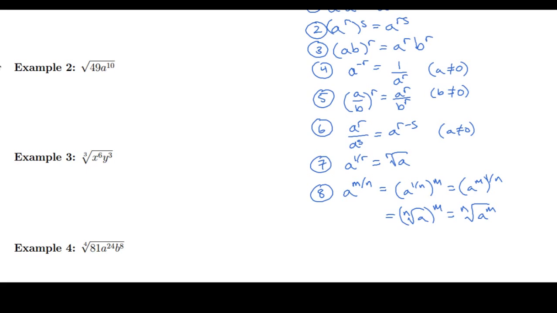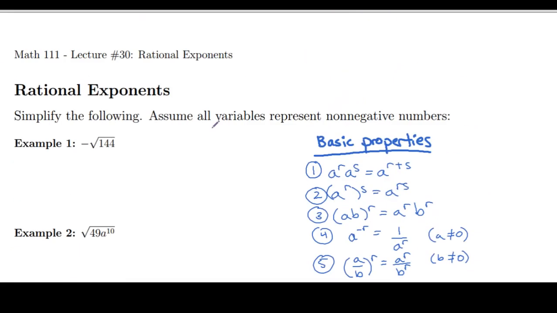So let's begin with some simplifications. Now, if we want to take a square root, then what we want to do is find a number whose square is the number under here. So this is a normal square root. We're going to have a negative in front. And then can you think of a number whose square is 144? Well, that would be 12, right?